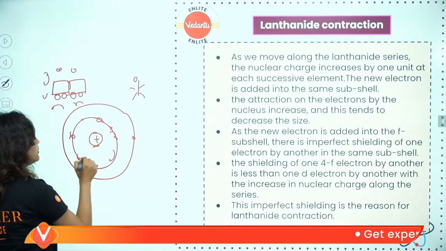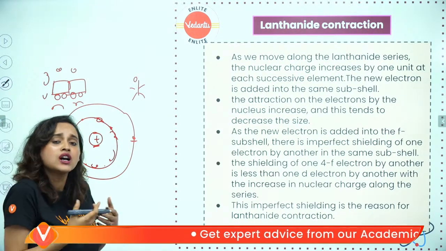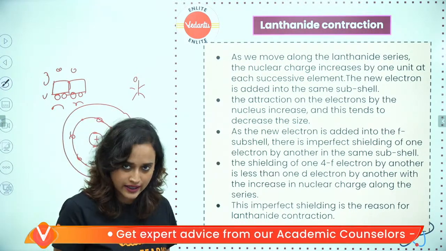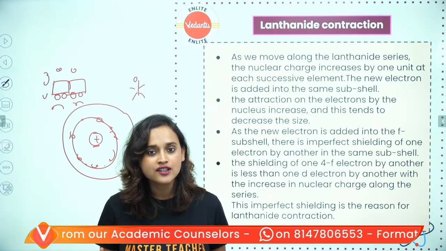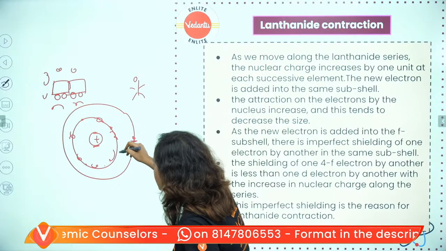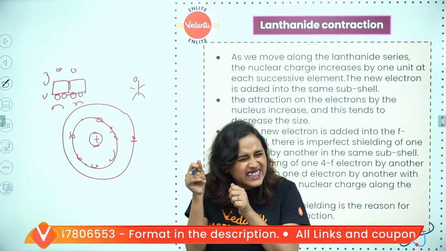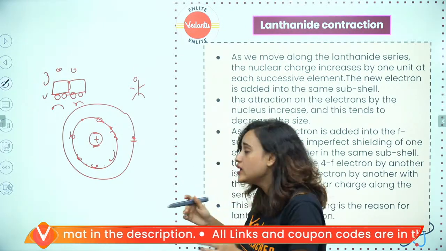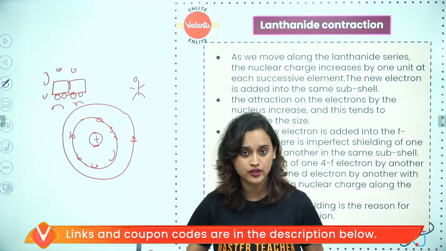Because there are so many electrons, this electron will not be experiencing much of the force, right? And that is your shielding effect. Basically, these electrons are working like an umbrella. They are protecting, not allowing this electron to experience much of a force.